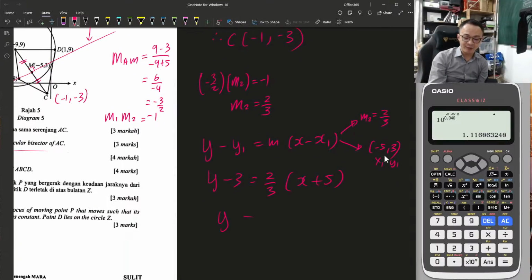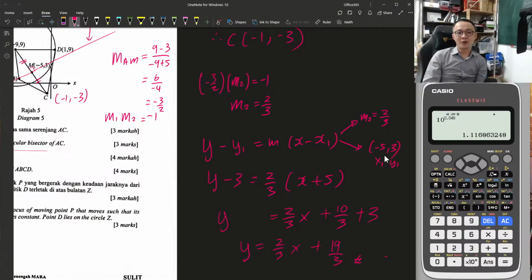So y minus 3 equals 2 over 3 x plus 10 over 3. Then we plus 3 here. So y equals 2 over 3 x plus 40 over 3. No, times 3 only, sorry. 19 over 3.